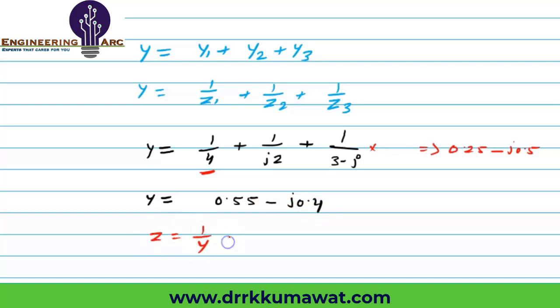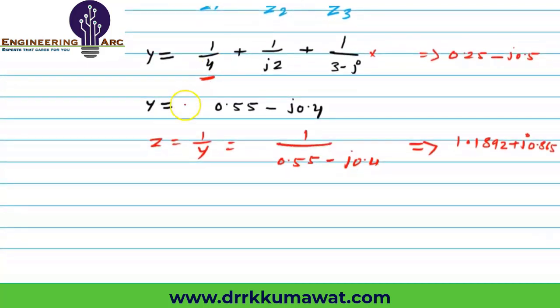Now we calculate impedance Z. Z equals 1 upon Y, which is 1 upon 0.55 minus j0.4. By solving this, the impedance of the three branches will be 1.1892 plus j0.865. Now we have to calculate the total impedance ZTH, which will be Z plus the 5 ohm resistance connected across the voltage source.